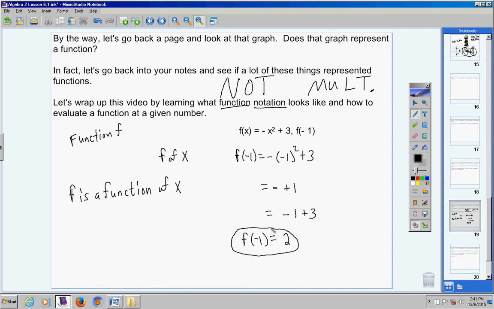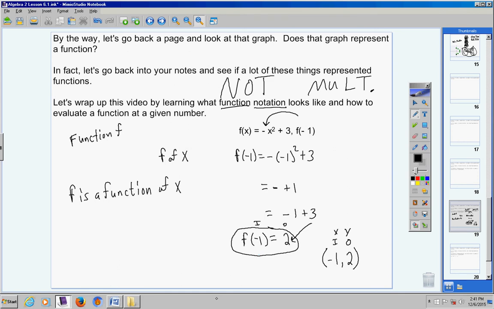Now, if I asked you to write this as an ordered pair, you would then put -1, 2. Doesn't that make sense? What did you put into the equation? -1. What did you get out when you did that? 2. Input, output, x, y, input, output. You put in a -1.